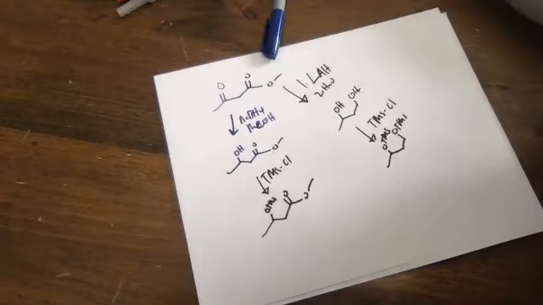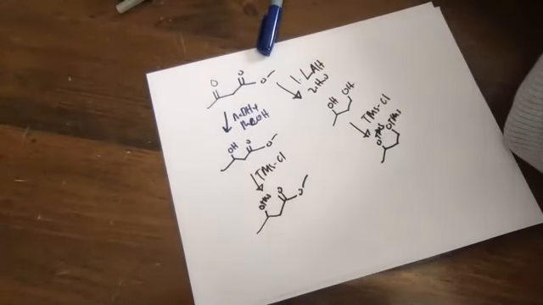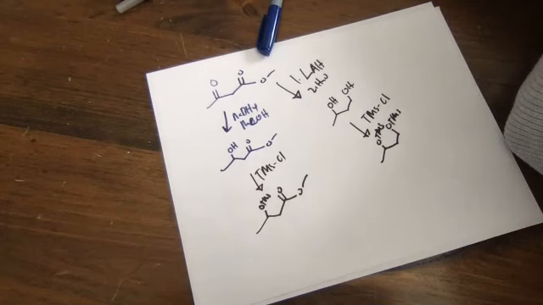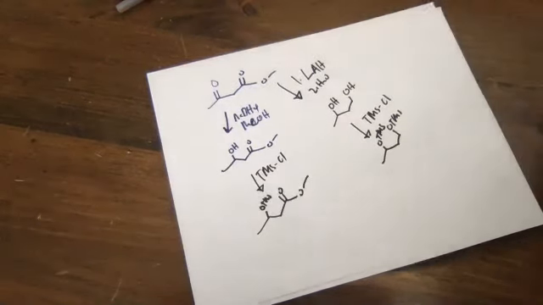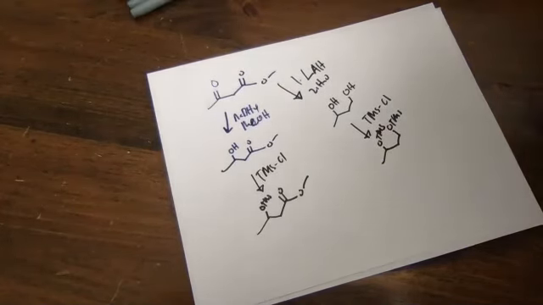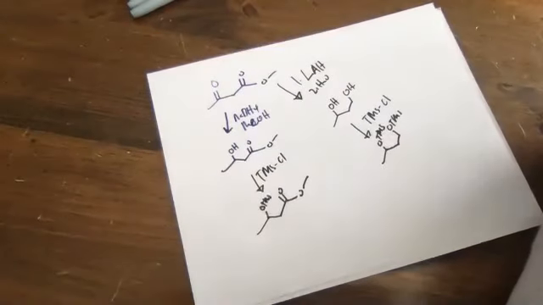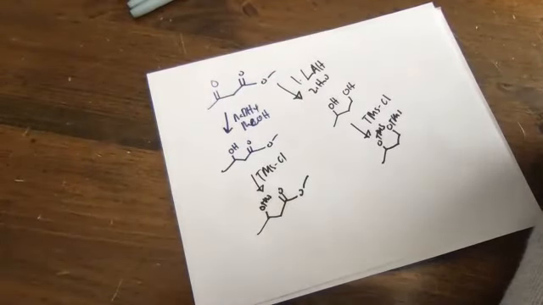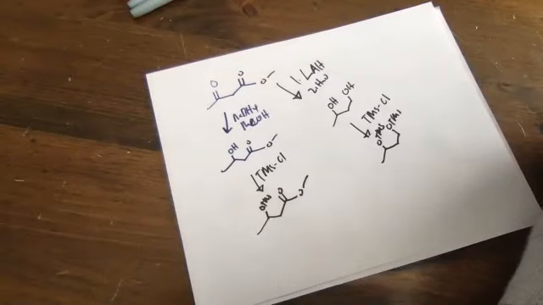That's like the BH3-THF one. But for the most part, anything that's on that list is fair game. Although I do think I mostly favored the ones that are newer. Anything else?